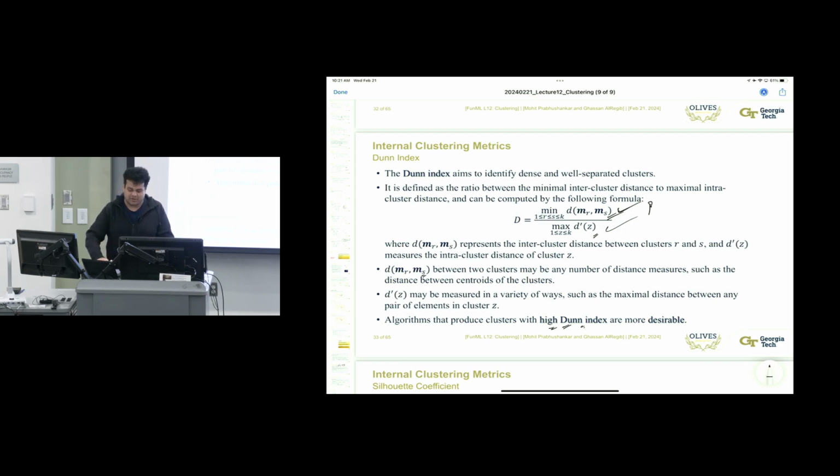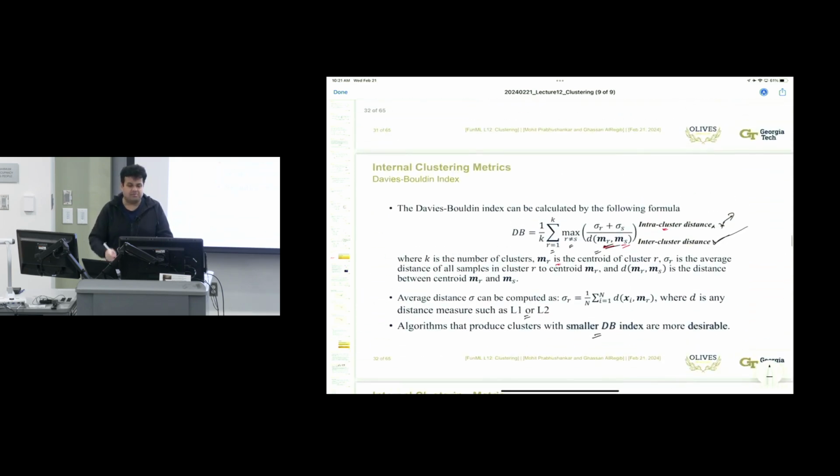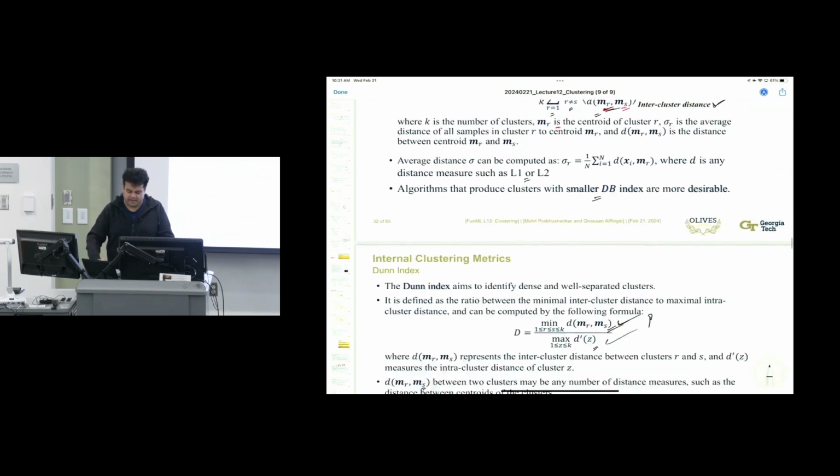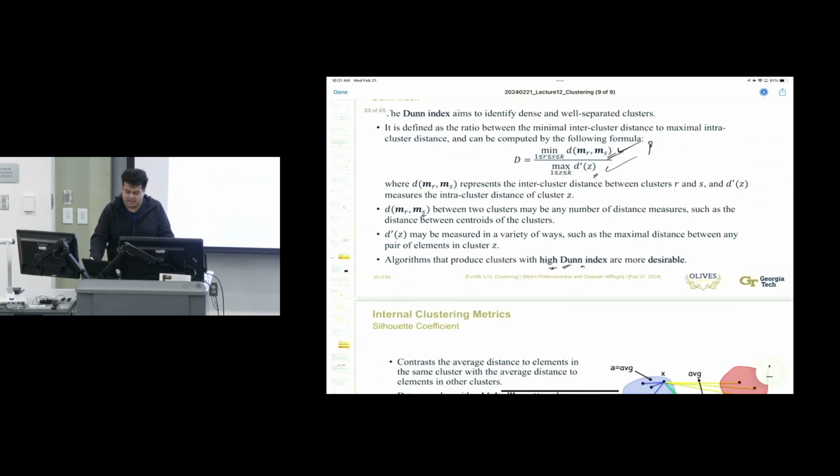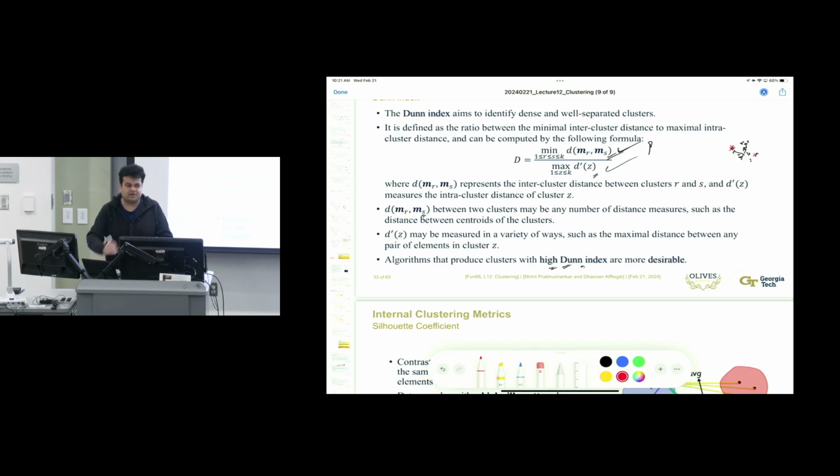Before we just talked about average distance here, but maybe it's not an average distance in the Dunn index. You can have a maximal distance. In other words, given these points in a cluster, instead of calculating distance as an average, I'm just going to take the most difficult 2 points, and by difficult I mean the furthest points from each other, and I'm going to calculate this distance and say that this is d of z.